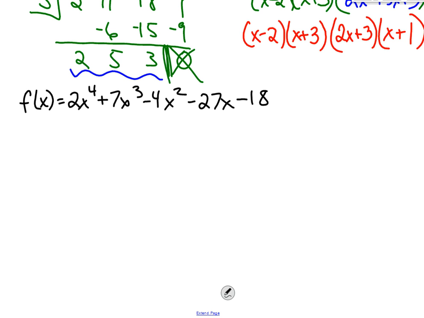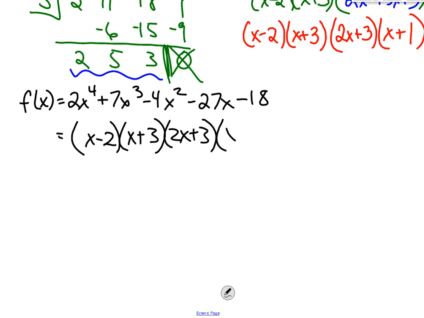And so if we were asked to give the factors, they are this answer: x minus 2, x plus 3, 2x plus 3, and x plus 1. This is the factors, or written in factored form.